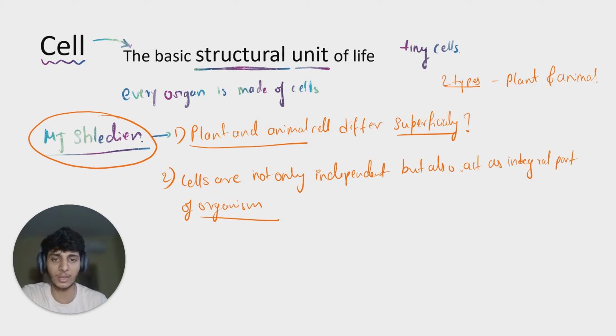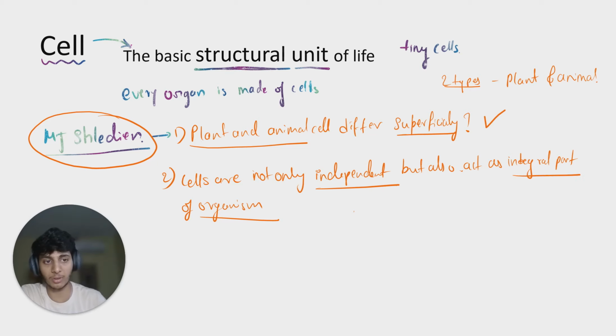I have explained what superficial means. And cells are not only independent. Every cell is independent. It has its own cell cycle. It takes its own food. It functions independently. A human body has crores and crores of cells, each acting independently. So this term independent is important.